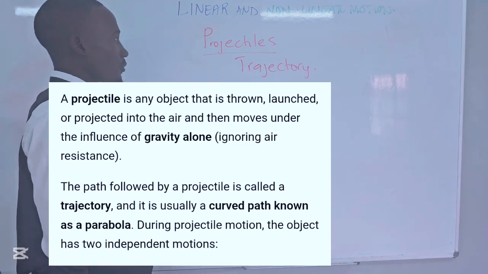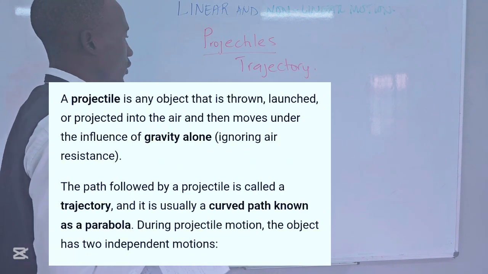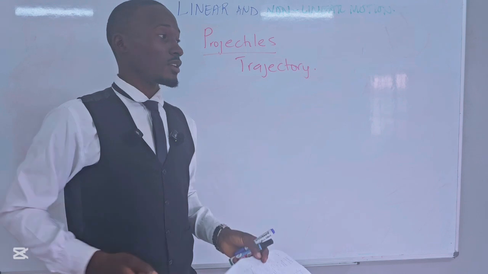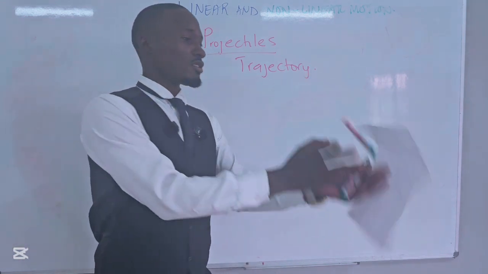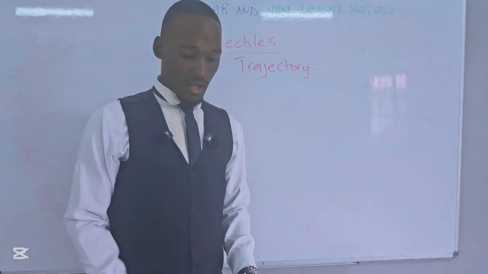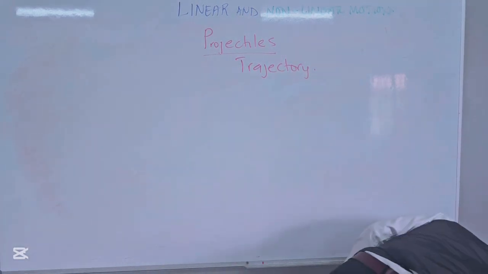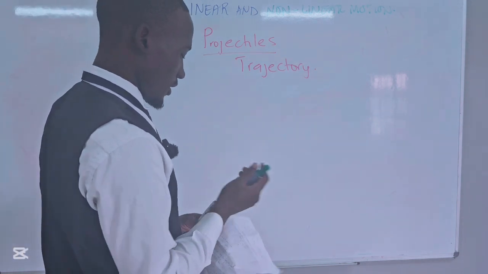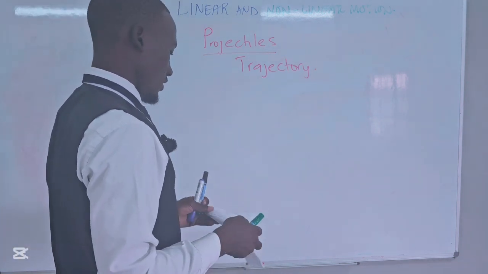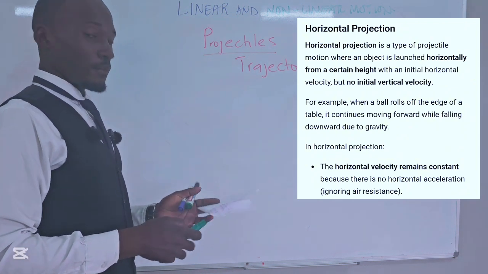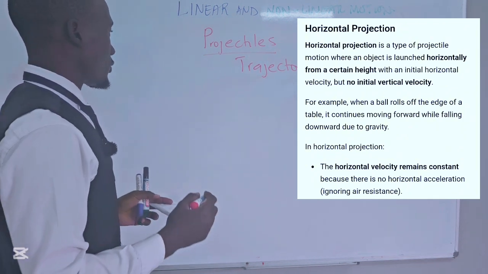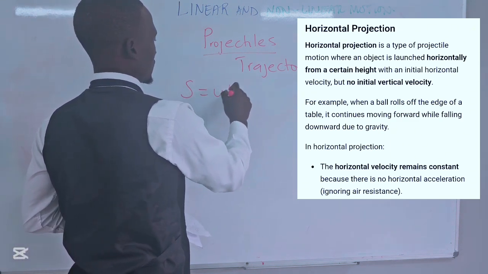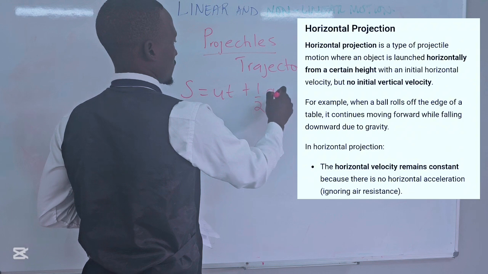For now we are only going to focus on something which we are projecting horizontally. If you push anything horizontally, you're giving it a horizontal projection, and your equation is supposed to be S is equal to ut plus a half at squared.